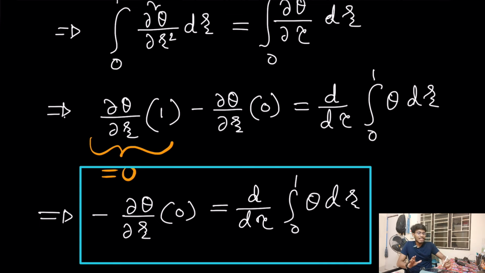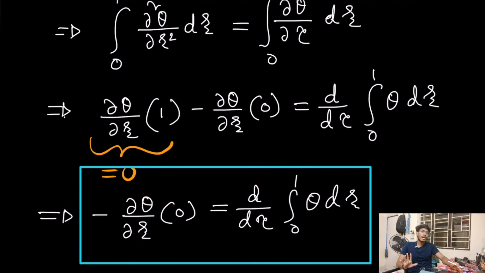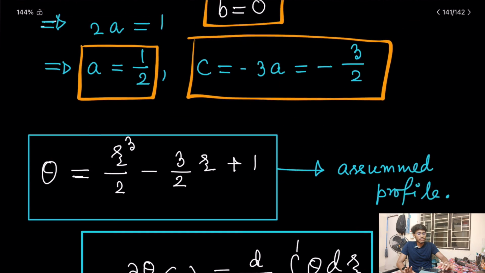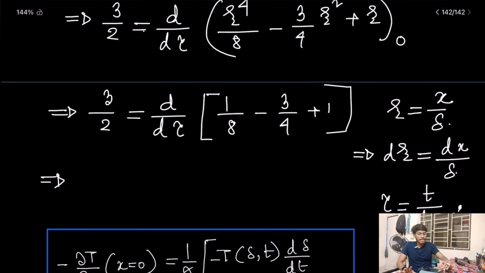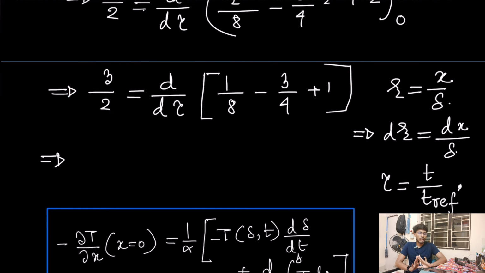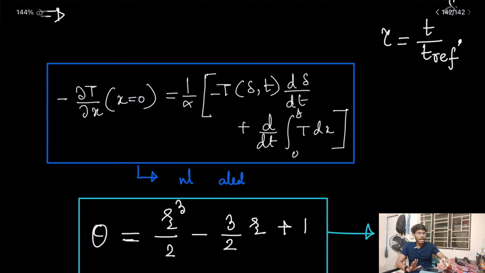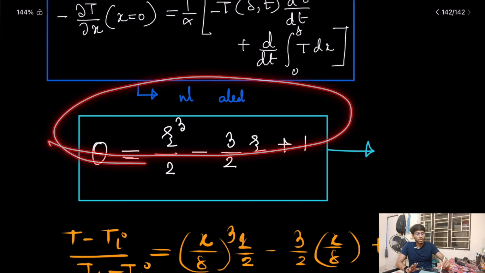In any other boundary condition, you may have a case where delta is remaining here, so in that case this will not be 0. But here we have to apply this assumed profile into this one.